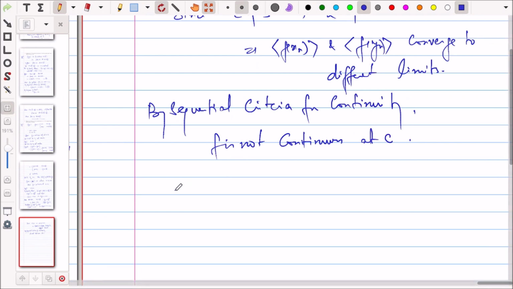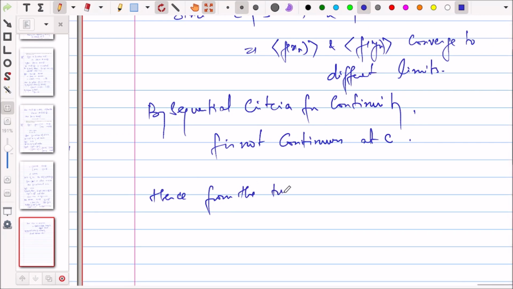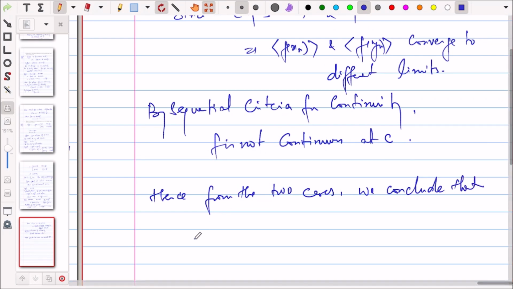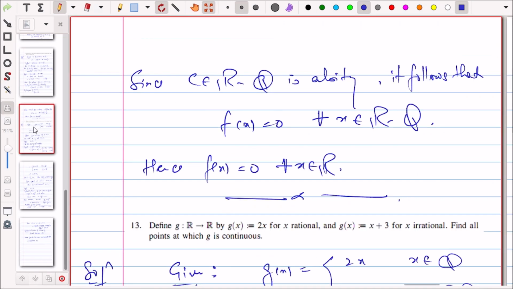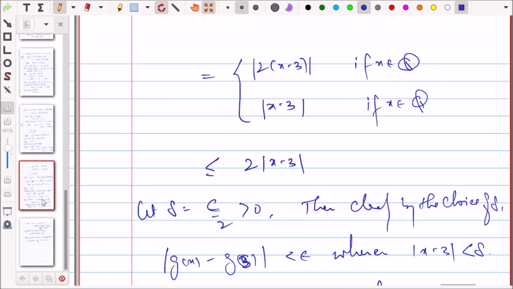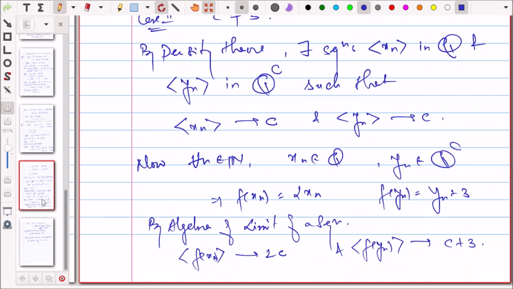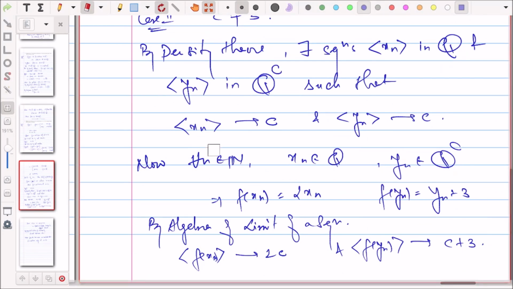So hence from the two cases, we conclude that f is continuous only at c equal to 3, right? Sorry, the function g. Okay, the function g. So we have g here at all points.